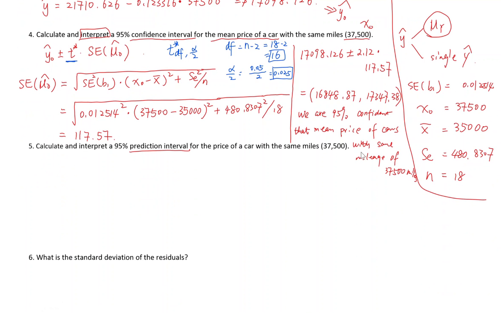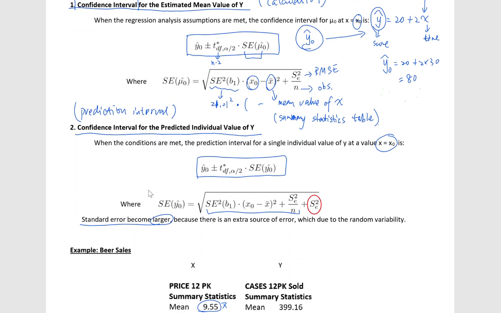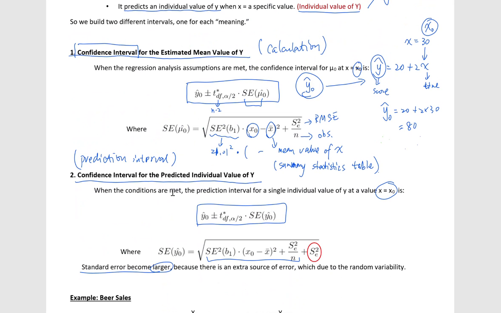The next one is the prediction interval. Okay, so now let's come back to the notes. For the prediction interval, there's nothing different with this part, with the t star, or even in the standard error of y0 hat, the first part will be the same as the confidence interval.